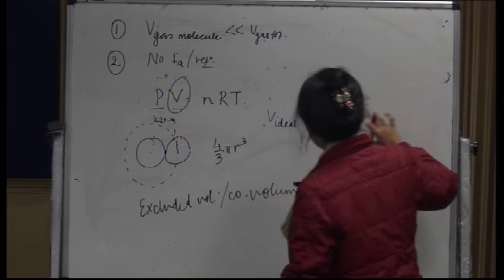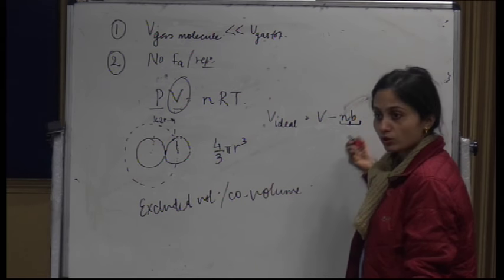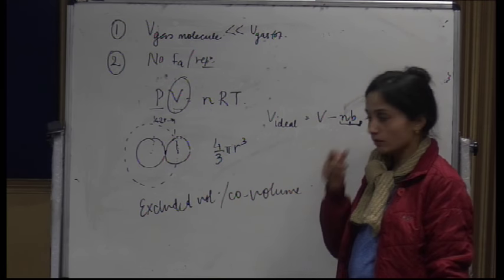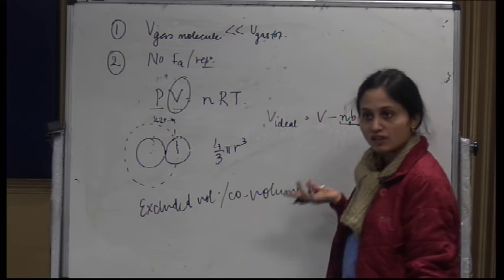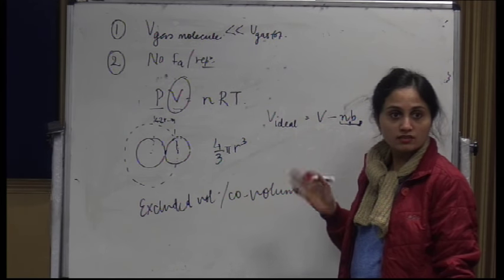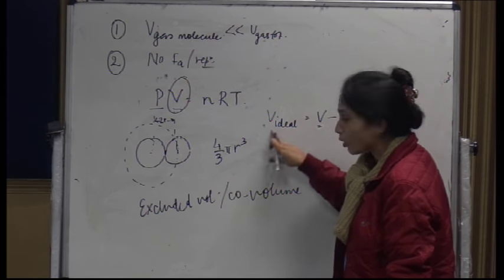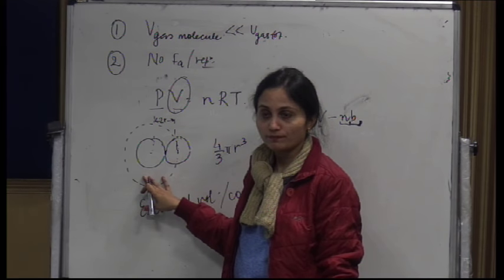And depending upon the number of moles, if this is for one mole, then for n number of moles it will be nb, right? Did you understand? So now my V real in reality is more than V ideal, because I have included a factor of excluded volume. Okay?